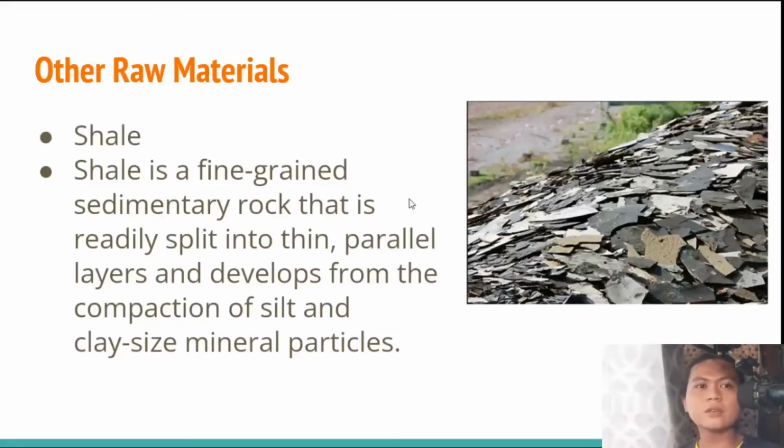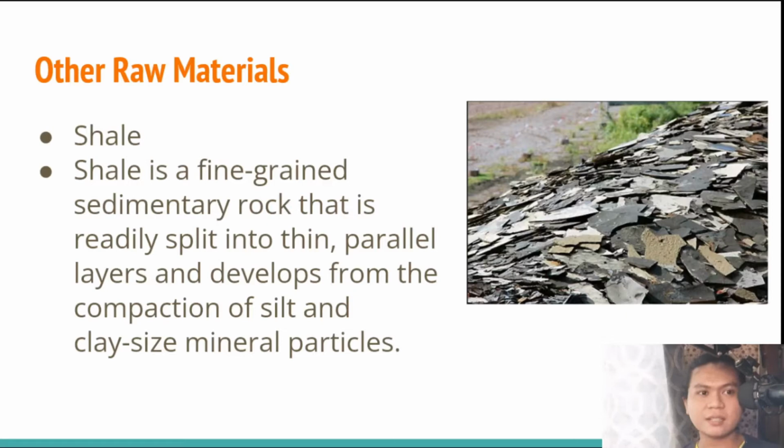So let's get to know the other raw materials that are needed in manufacturing the cement. All these raw materials are brought from other sources, since the manufacturing plant only needs a little amount of them. So here's the first one.